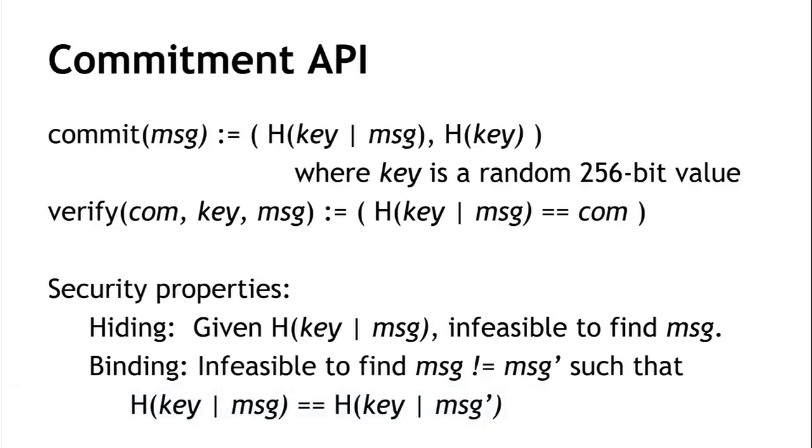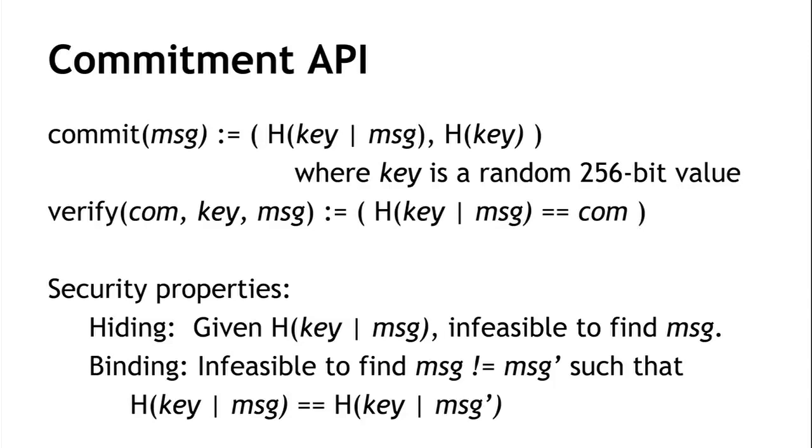Key was chosen as a random 256-bit value. The hiding property says that if we put before the message something chosen from a very spread out distribution, like a random 256-bit value, then it's infeasible to find the message. So this is exactly the hiding property. And this one down here turns out to be exactly the collision-free property.